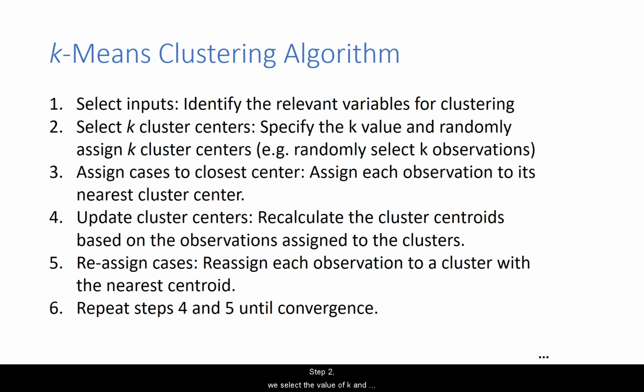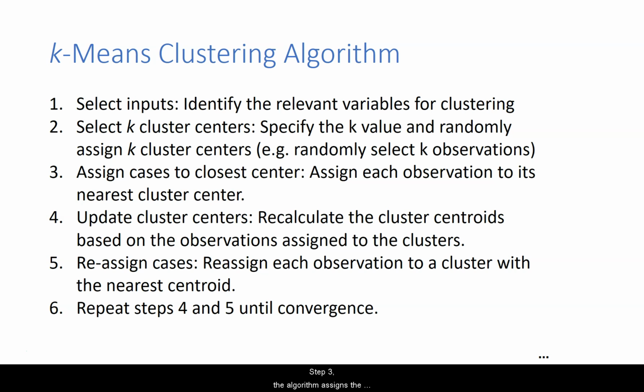Step 2. We select the value of k and randomly assign k cluster centers for the dataset. In some cases, the algorithm would randomly select k observations from the dataset to act as the cluster centers during the first iteration.